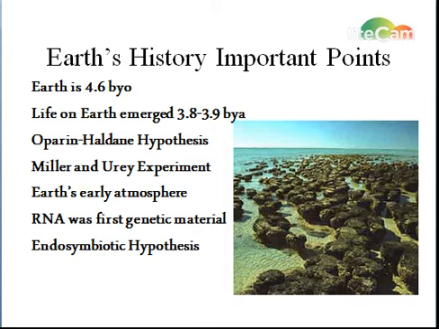And also, we've already talked about this earlier, the endosymbiotic hypothesis, which states that there was a mutualistic fusion that occurred where mitochondria and chloroplasts were made part of another cell that later developed into our eukaryotic cells.